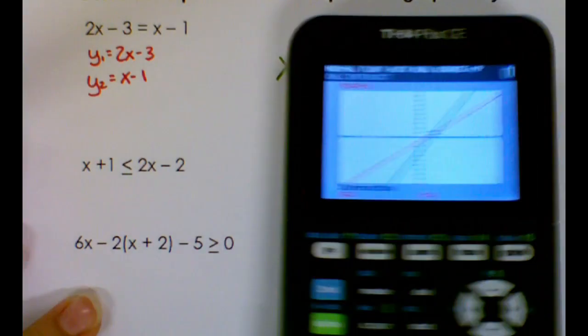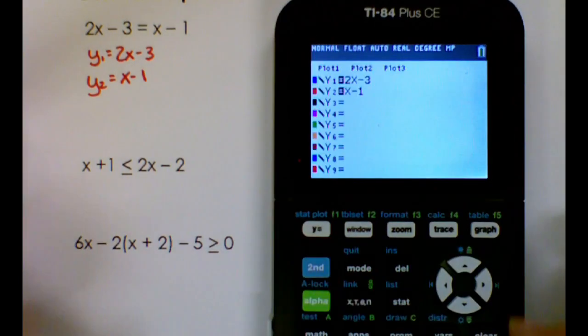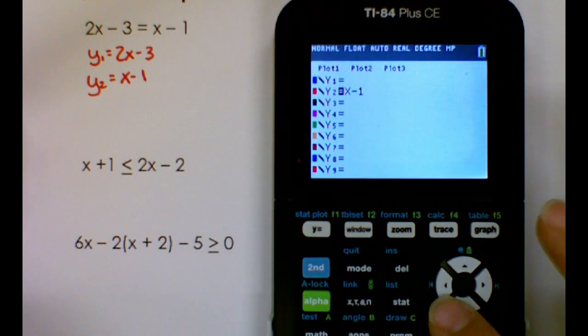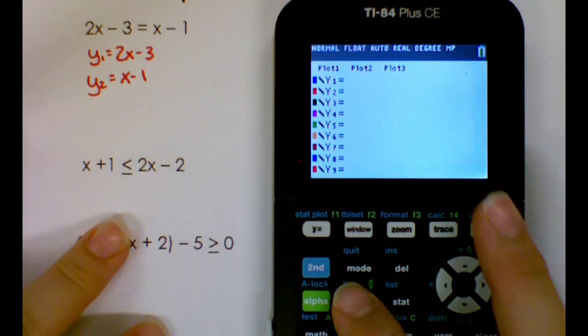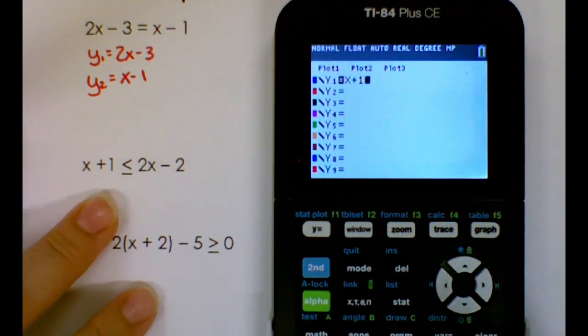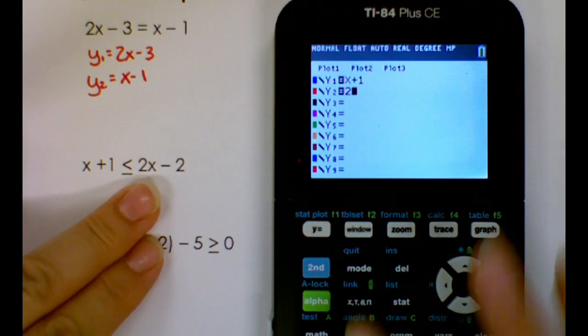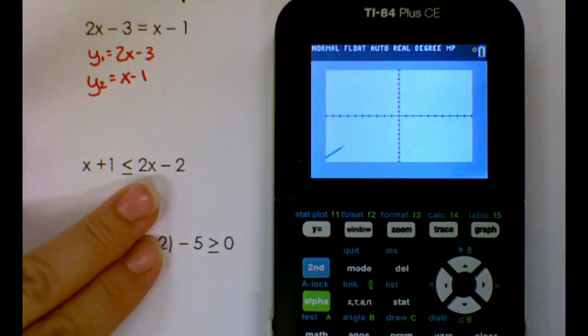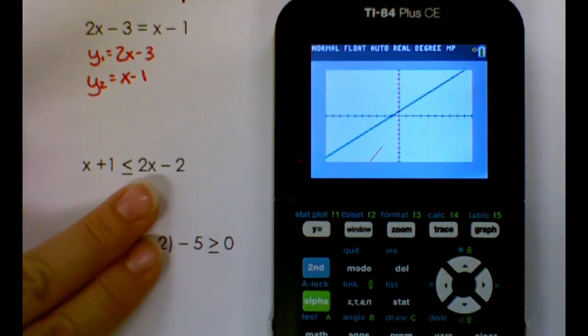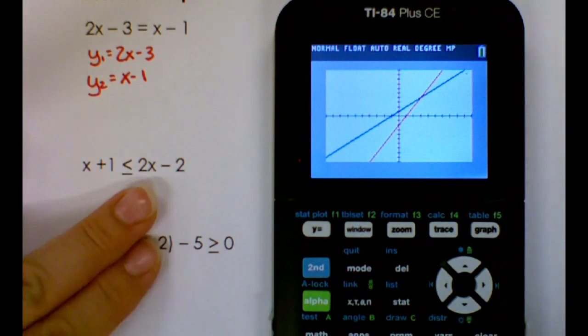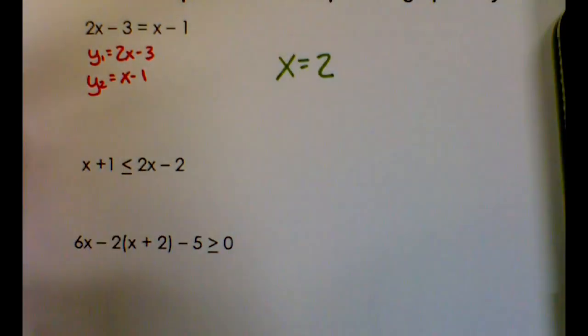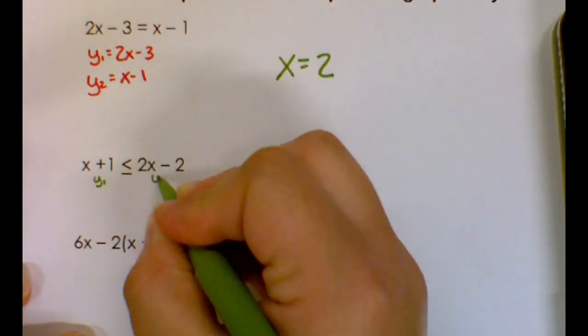Inequalities, a little different. I'm going to graph them, those two equal, different y values. Okay, my first one, I cleared them both out, x plus 1. Second one, 2x minus 2, graph them. And there we go. All right, so I graphed y1, y2.